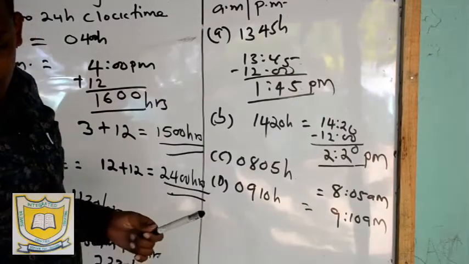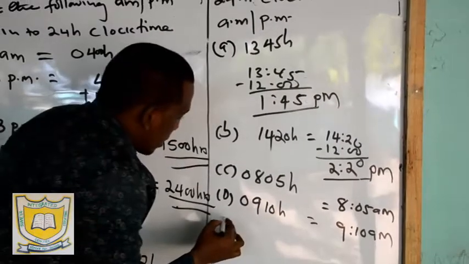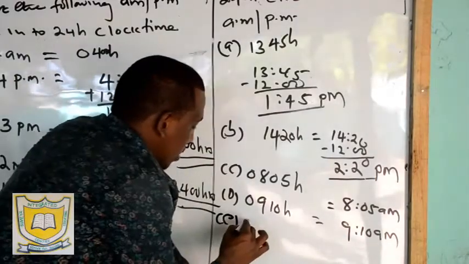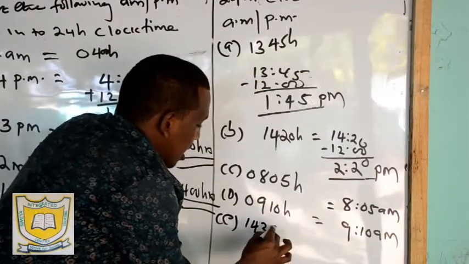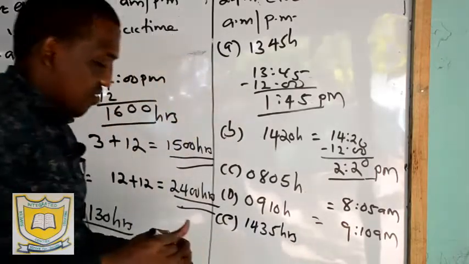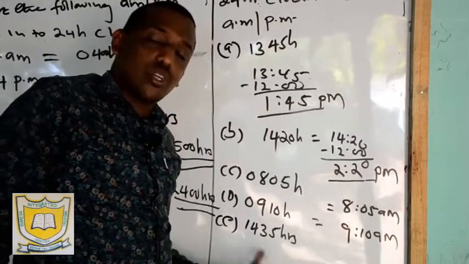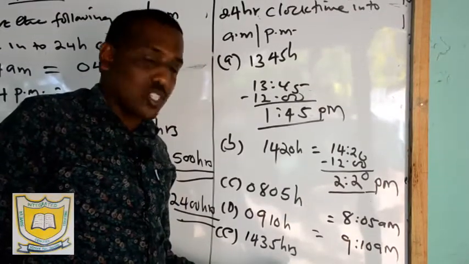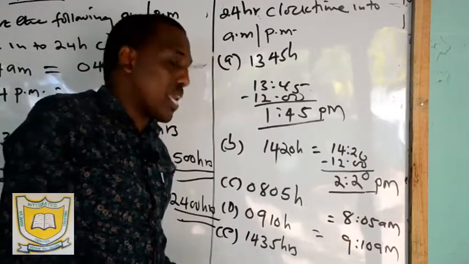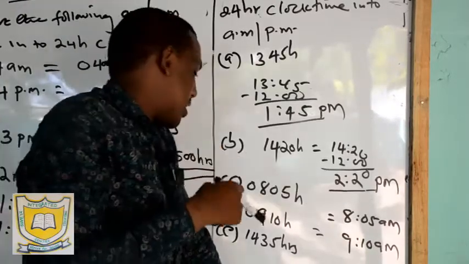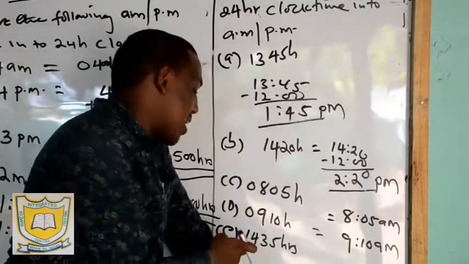You are told another one, E: 1435 hours. Remember 14 is the afternoon. We want to change this one into PM. When we were changing PM to the 24-hour clock system, we were adding plus 12.